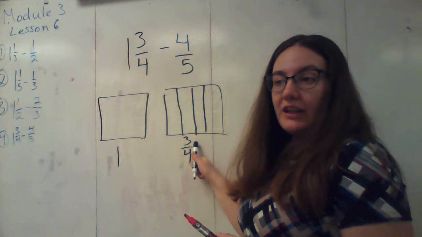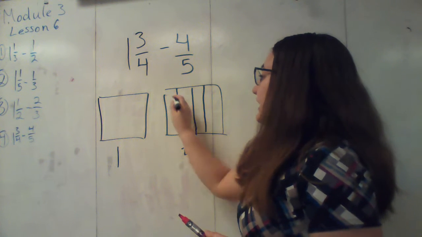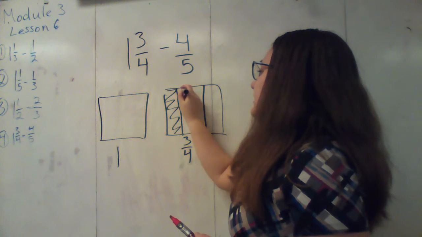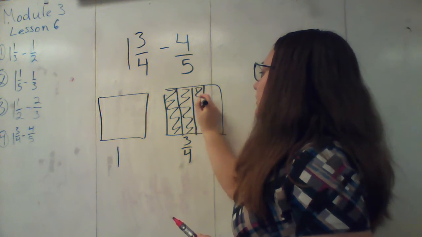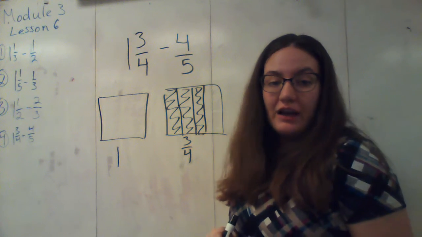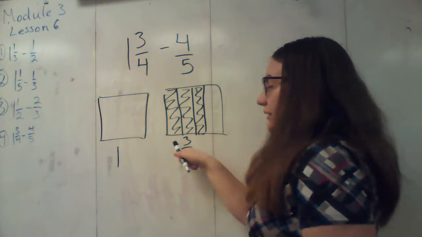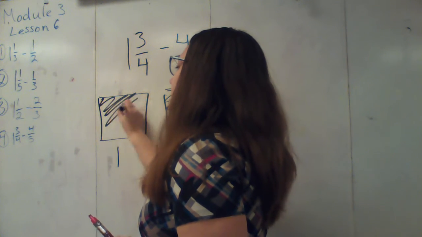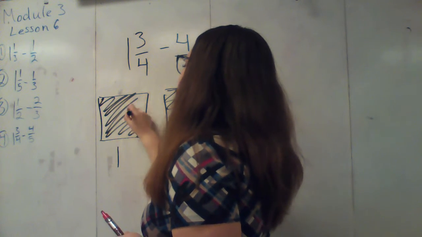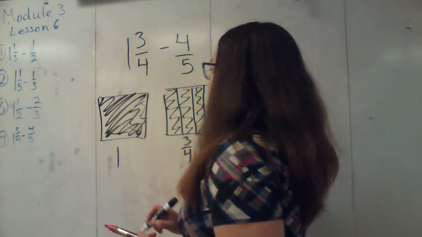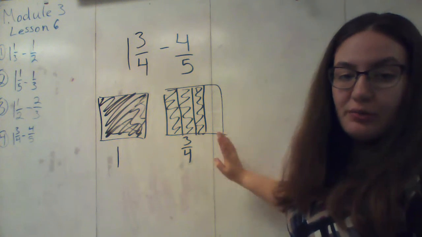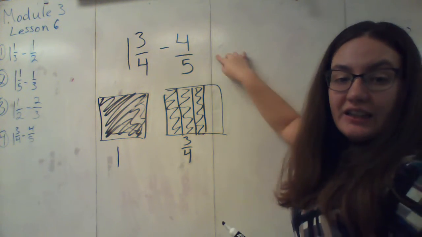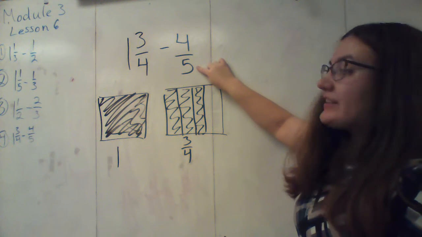And since I have a 3 in my numerator, that means I need to shade in 3 of these pieces. So I have my model now cut into fourths, and I'm showing you what 3/4 would look like. And I also need to show what this model would look like shaded in. Now that I have both my models shaded in, I need to cut them into fifths.